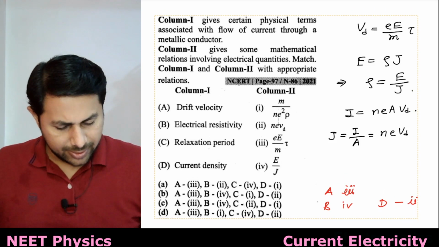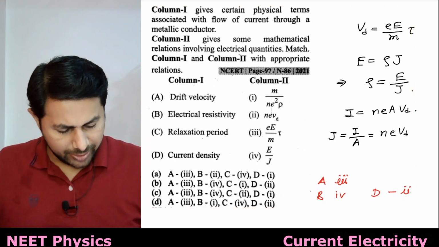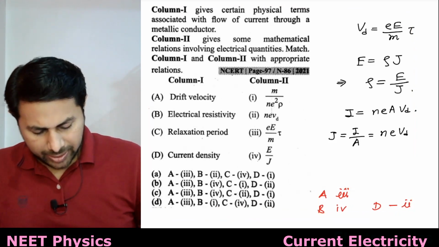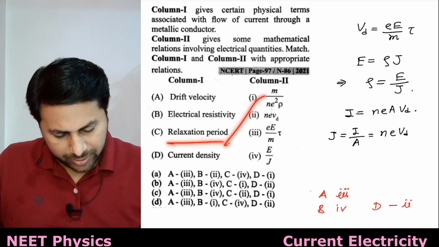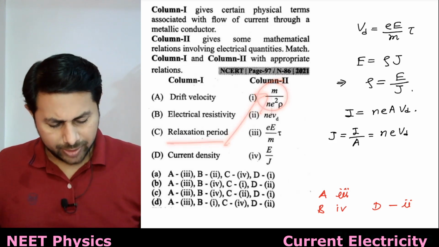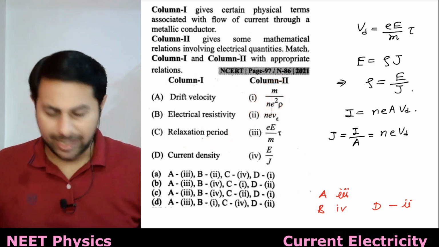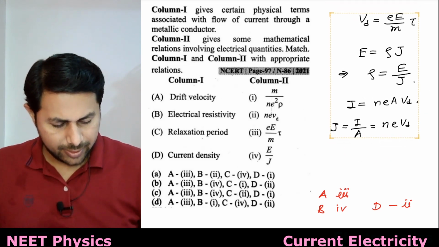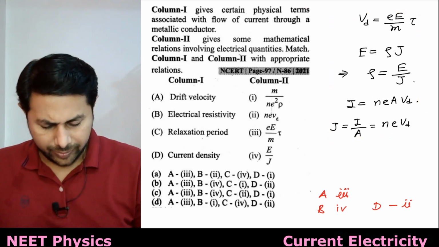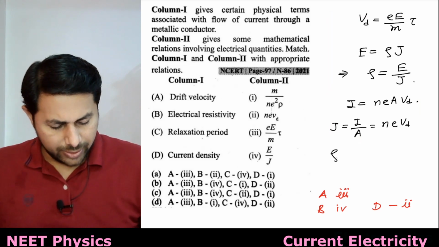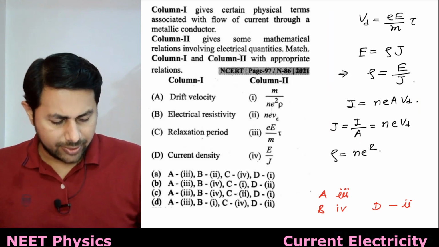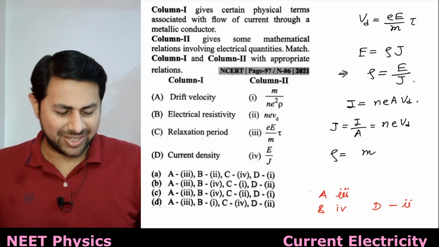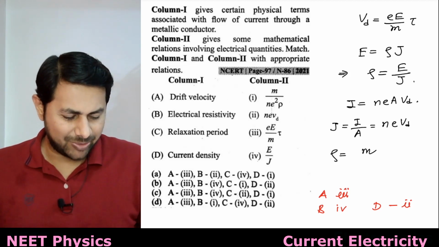Then let's check the remaining one. What's the remaining one? The remaining one is the relaxation period. So it has to be this one. Yes, we know this formula, no? Rho is equal to N e square tau by m, right? Sorry, rho is equal to m divided by N e square tau. I was writing the equation for conductivity.